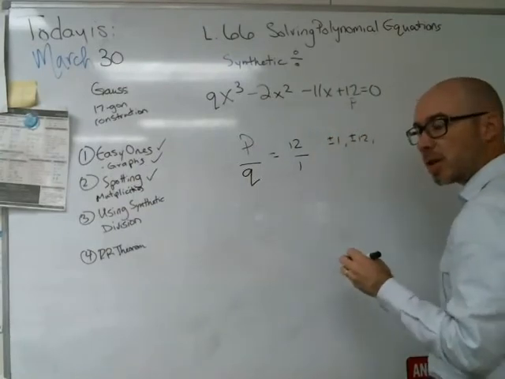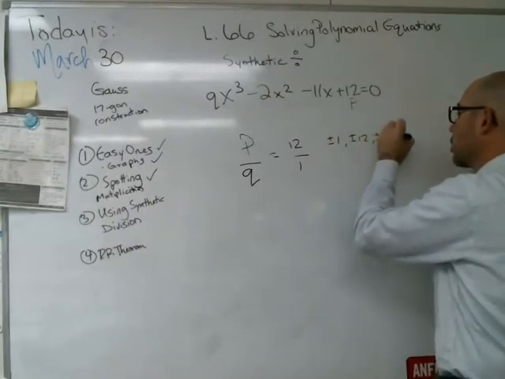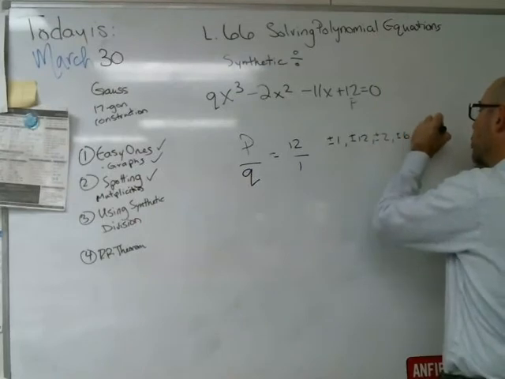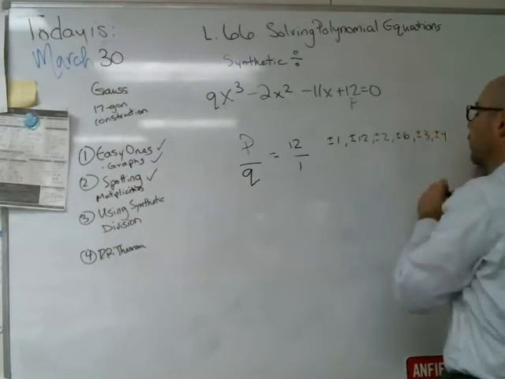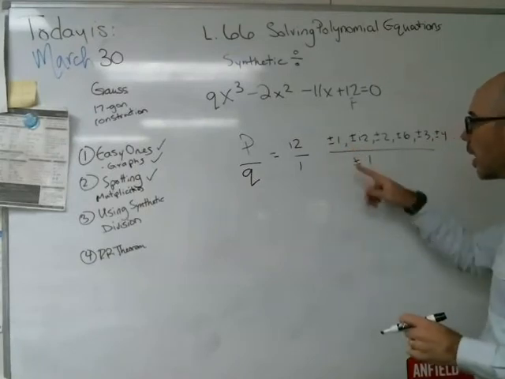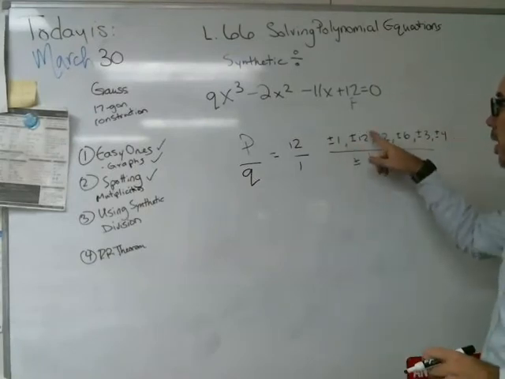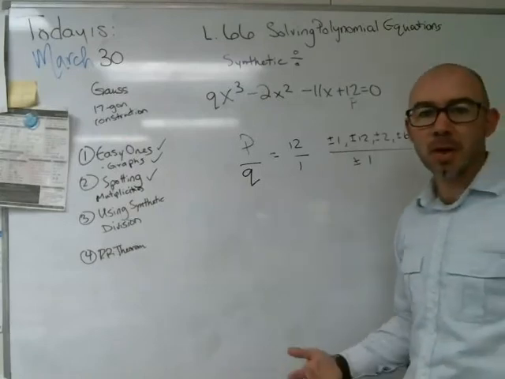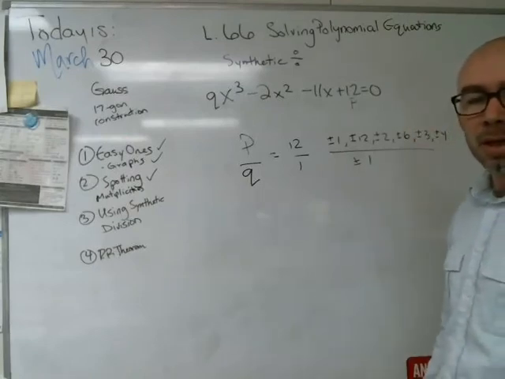It's also 2 times 6, and it's also 3 and 4. So you got plus or minus 1, plus or minus 12, plus or minus 2, plus or minus 6, plus or minus 3, plus or minus 4 as all the potential answers or roots to that problem.